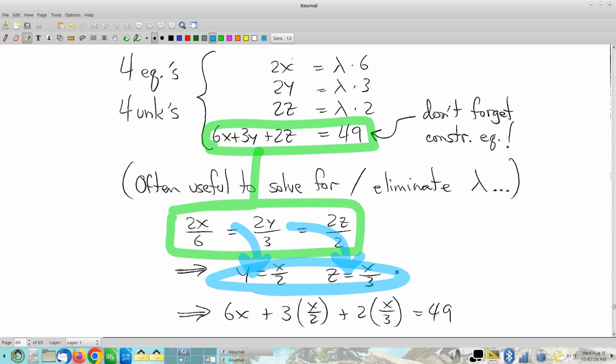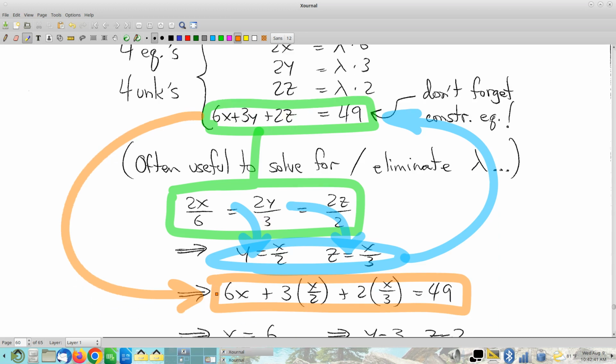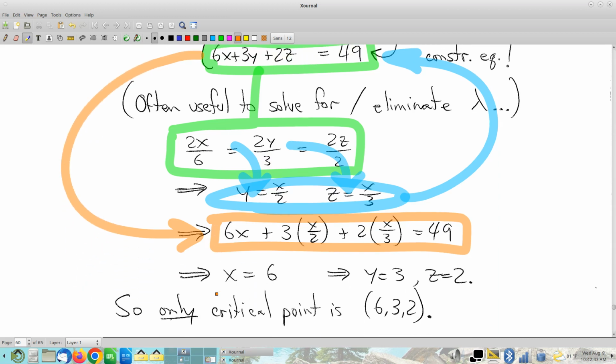Then I'm going to take these formulas for y and z, plug them into my constraint equation, and that gives me this equation in a single variable. Of course, that's easy to solve, right? Solving for x there is trivial. Everybody with me?